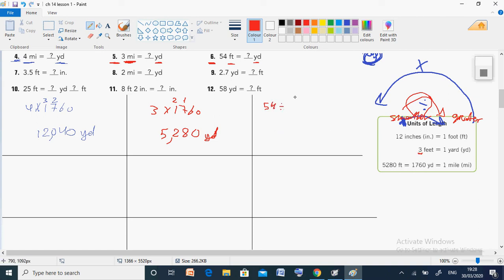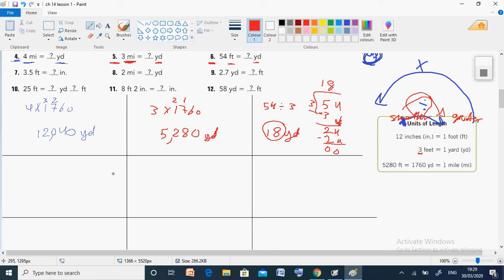Divided by 3. 54 divided by 3. 5 divided by 3 is 1. Subtract, you will get 2. Now bring 4 down. So 24 divided by 3 is 8. When you subtract them, no remainder. That means the answer is 18 yards.